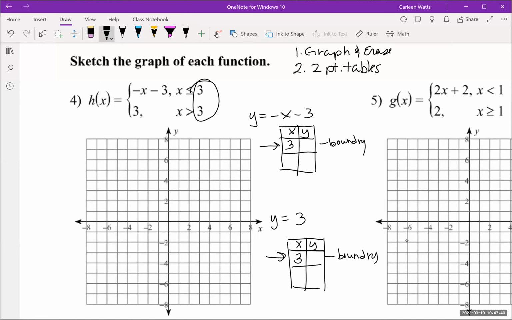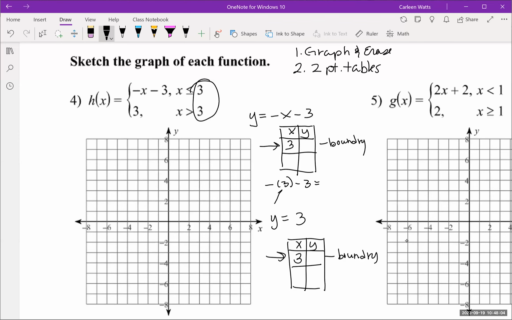Okay, so plug 3 in. And what do you get? Carefully.